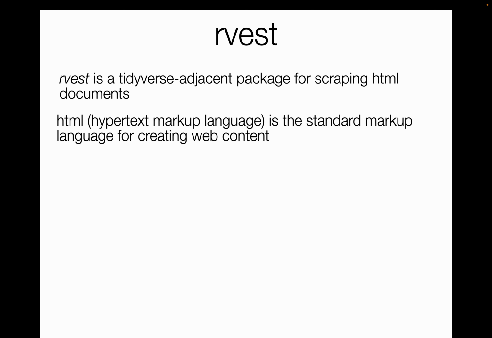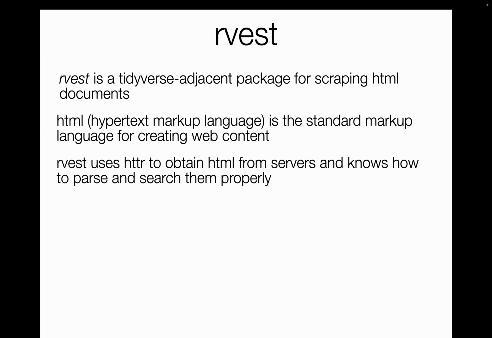It's the standard markup language for creating web content. There's HTML5 and lots of different stuff, but we don't need to worry about that. rvest has lots of functions for dealing with it. rvest uses httr to obtain HTML from servers and then knows how to parse and search it properly, so we don't have to use our stringr functions to find everything.